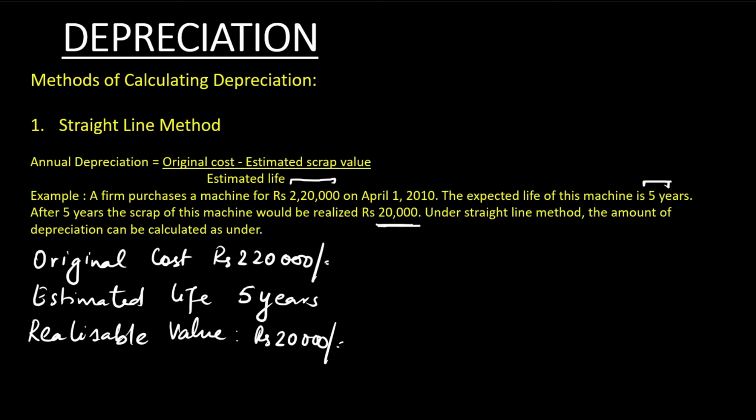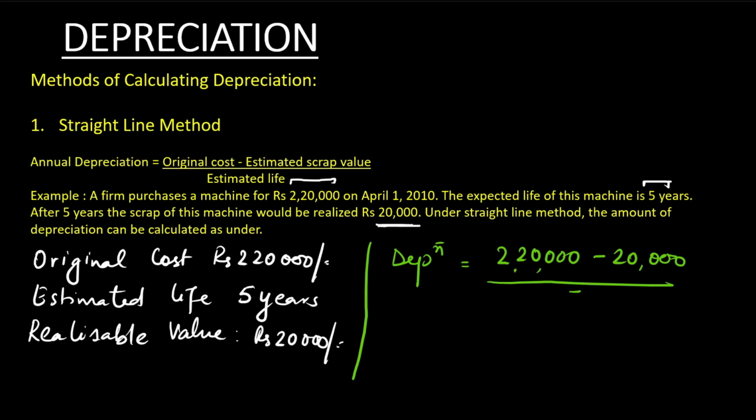Now, how would you calculate the depreciation? Depreciation on this would be charged using the formula. So we will say depreciation is equal to original cost 2,20,000 minus scrap value 20,000 divided by how many years? 5.